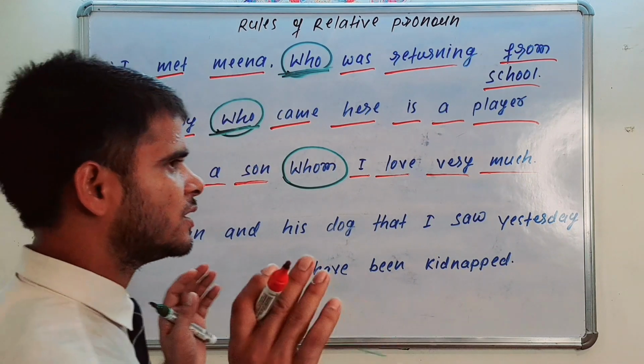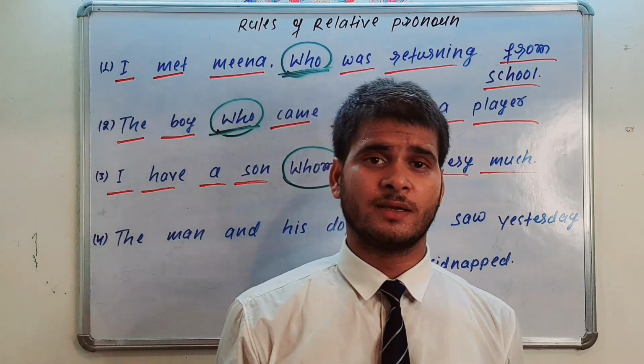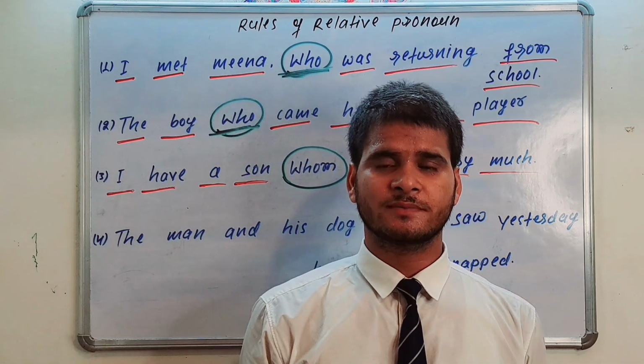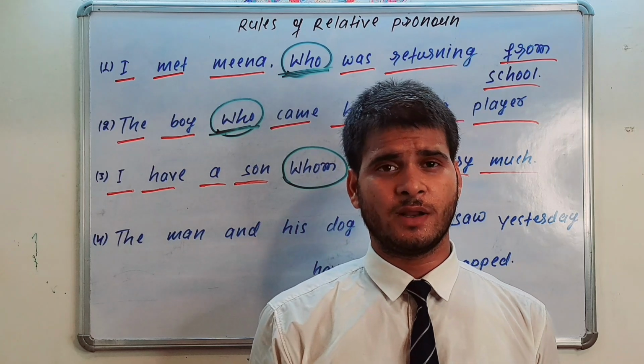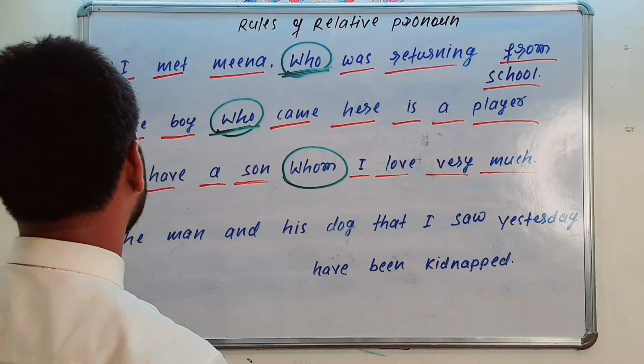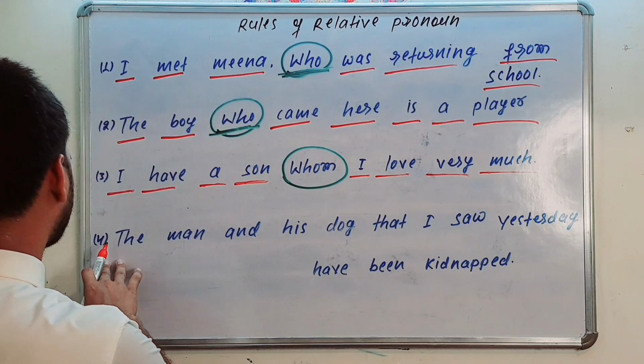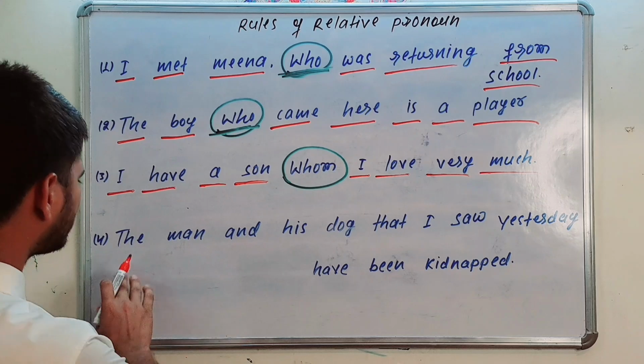Now I told you the second most important rule, and don't forget anything. Now let's come to the third rule of relative pronoun, the most important rule for your daily conversation, and understand it from the fourth example.